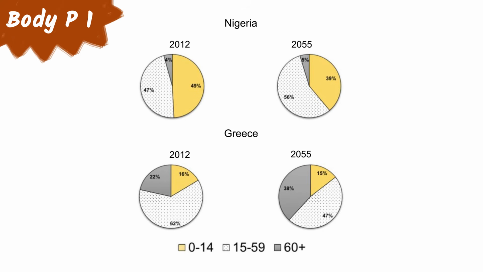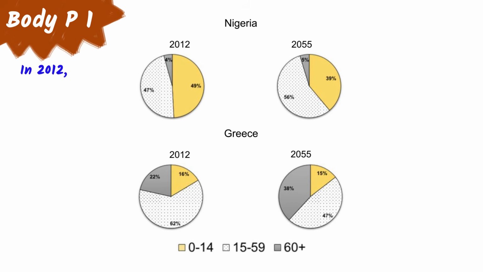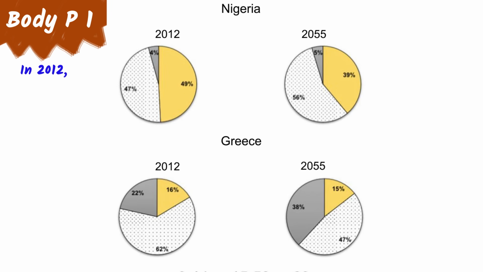As I said before, I'm going to write about 2012 here, and then for a second body paragraph, I'm going to write about my projections for both countries. Because I'm going to write about 2012, I start all the time with this phrase, in 2012. So let's analyze the chart here in 2012 for Nigeria.